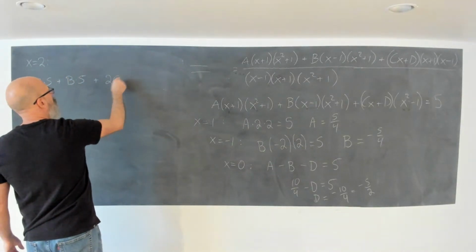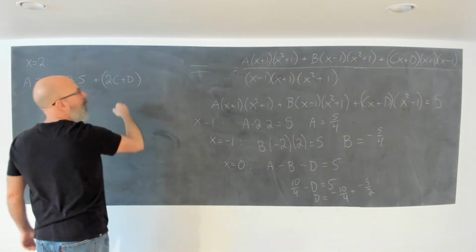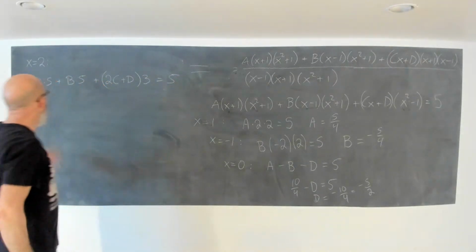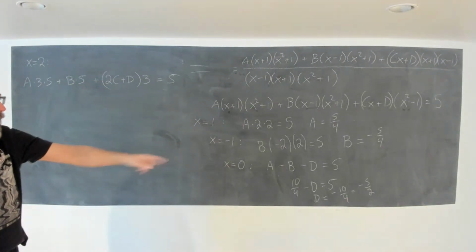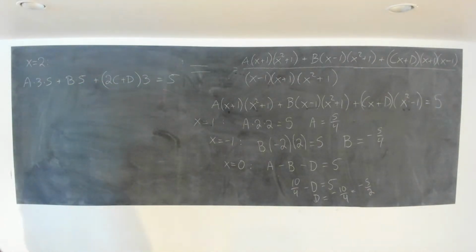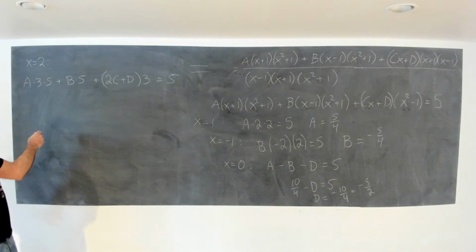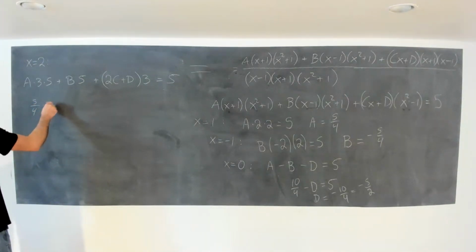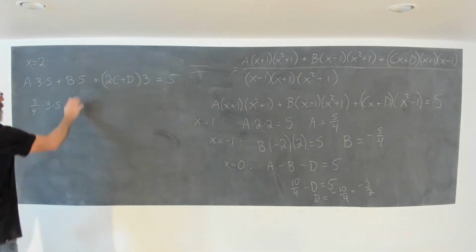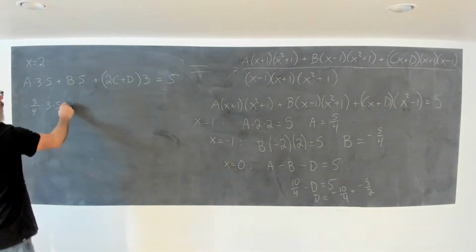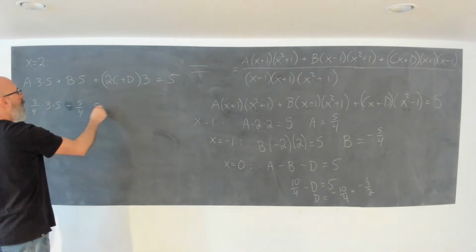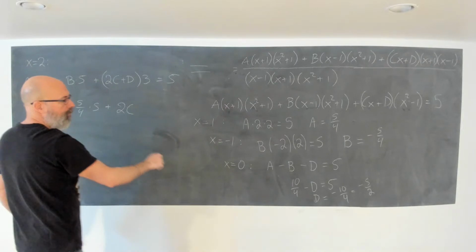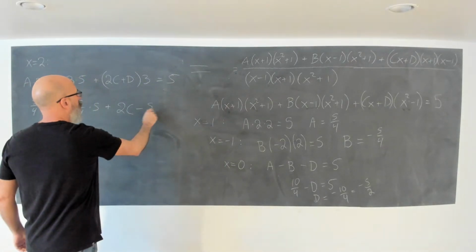And 2C plus D times 3 is equal to 5. But we know A, B, and D. So we can plug those in. A is 5/4. B is minus 5/4. D we said was minus 5/2.